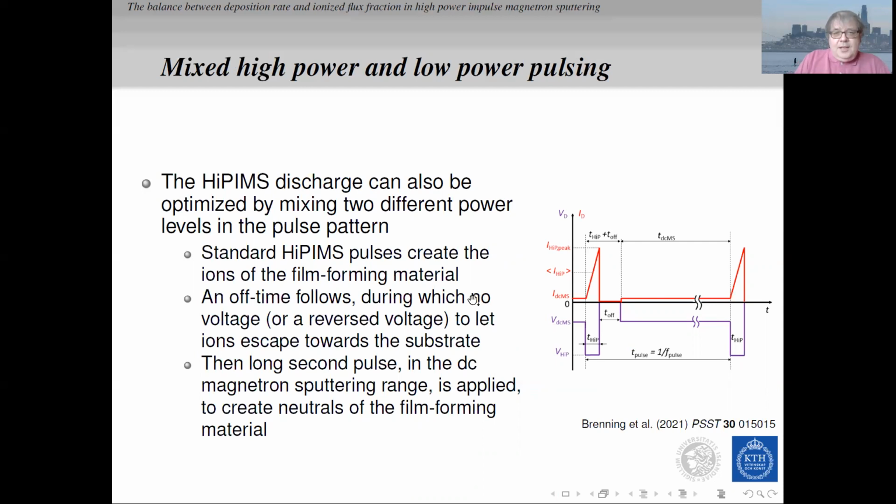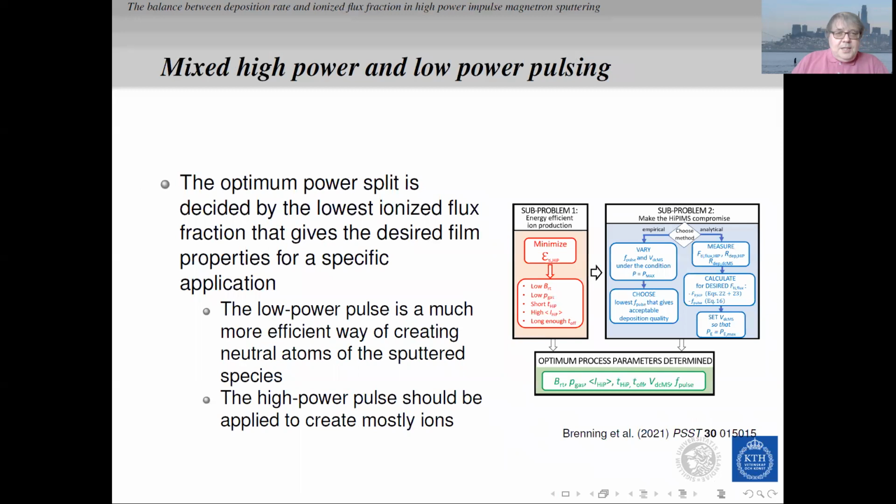So there are ways to optimize the HIPIMS discharge, and this is a schema to show we can create ions by the HIPIMS pulse by choosing the parameters low beta, low pressure, short pulses, and then we can split the power between the creation of ions and creation of neutrals to optimize the process.